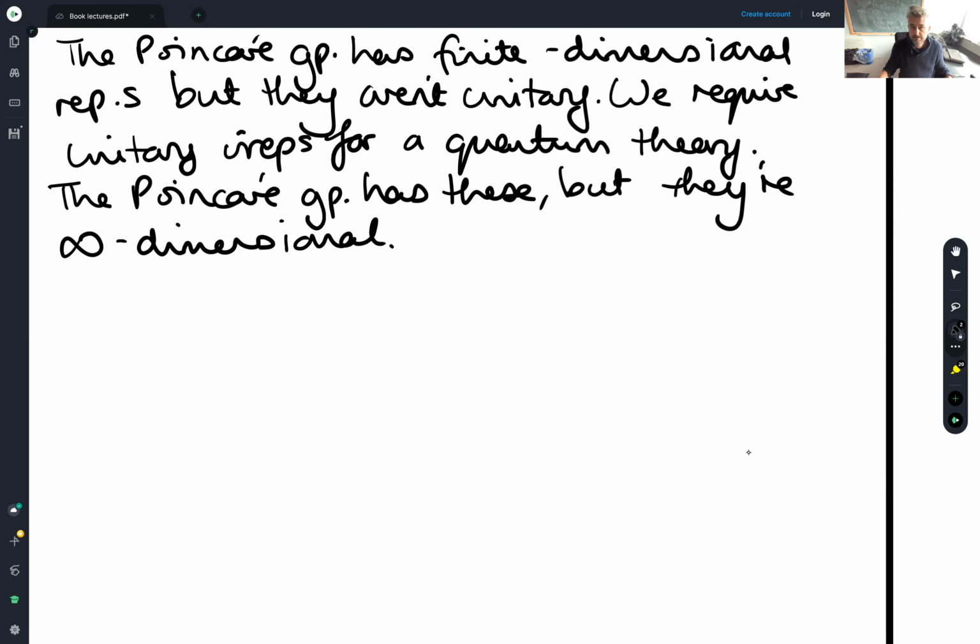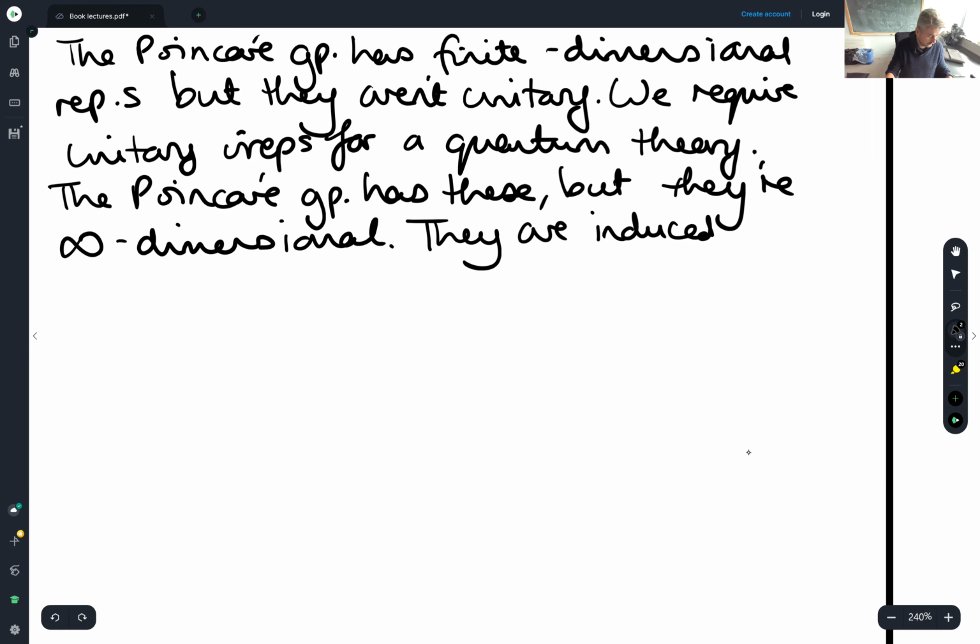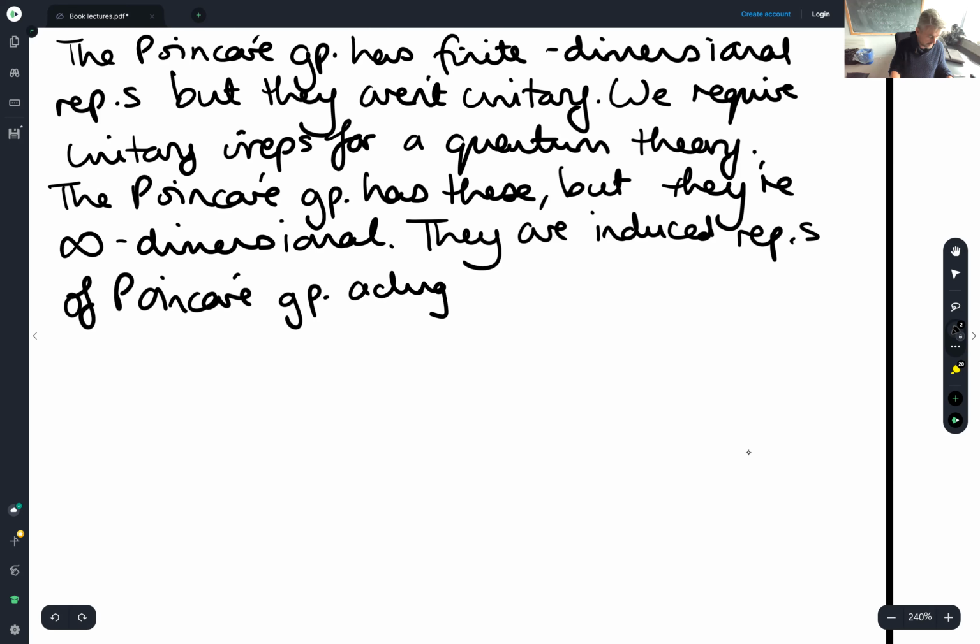They're induced representations of the Poincare group, and they act on the fields, which are functions on Minkowski space.